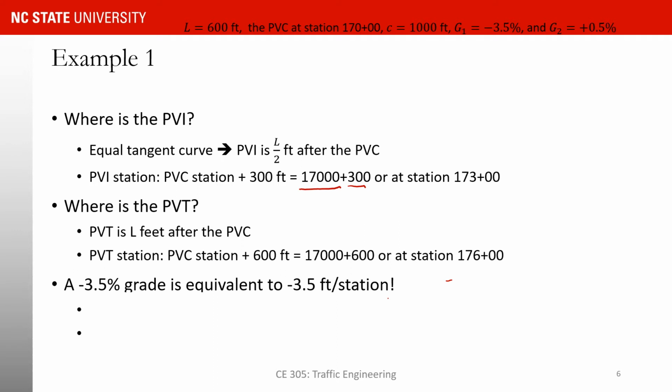So that's another way to find it. So that's what we have done here. PVT is equal to PVC station plus 600 feet. Again, 17,000 plus 600, which is going to be equal to 176 plus 00 stations.